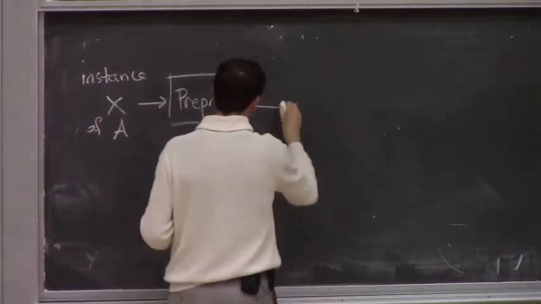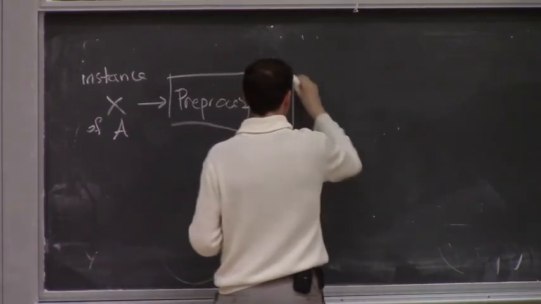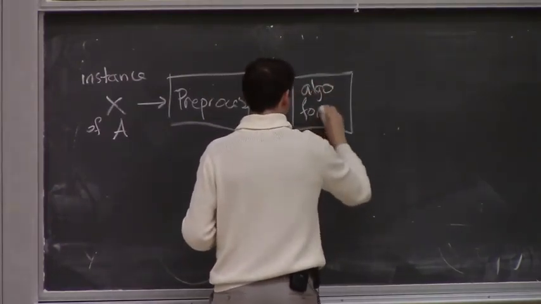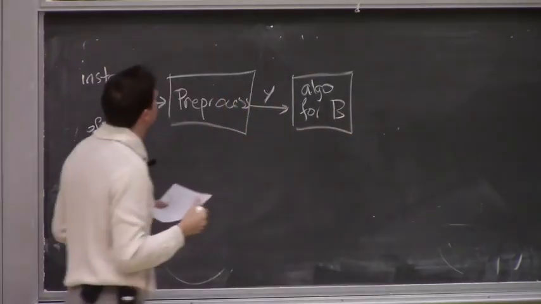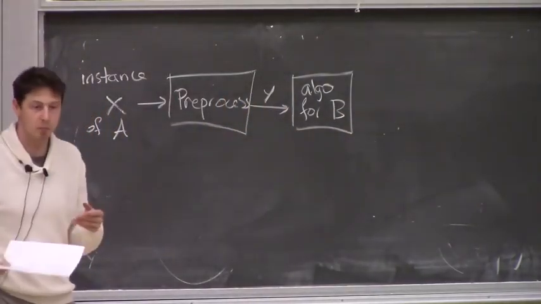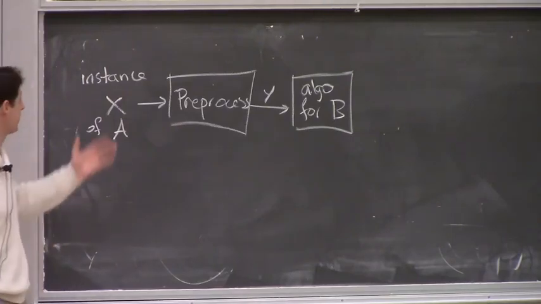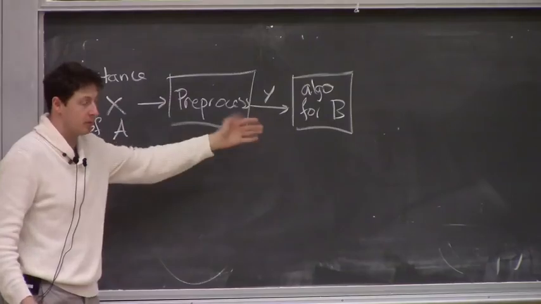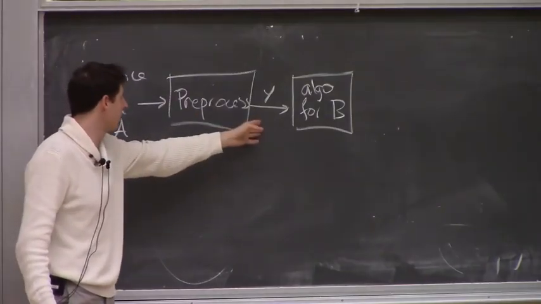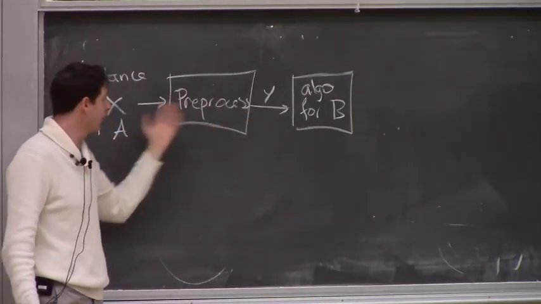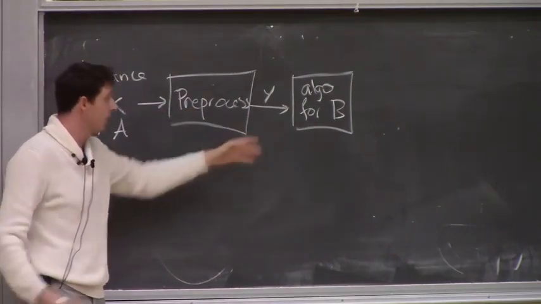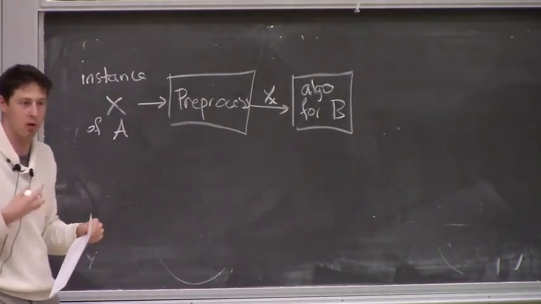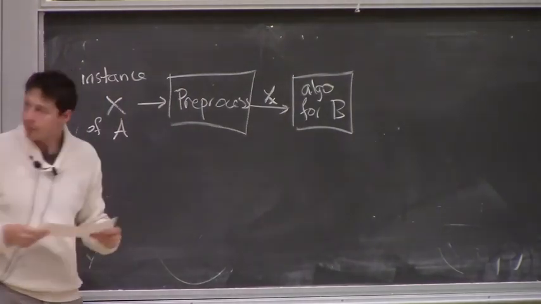Because out will come some other instance for the algorithm for the problem B, right? So B potentially understands different things than A does. A will accept certain inputs, B will accept different types of inputs, and therefore we need to somehow program Y, with X in its heart. Y carries X somewhere for us, right?